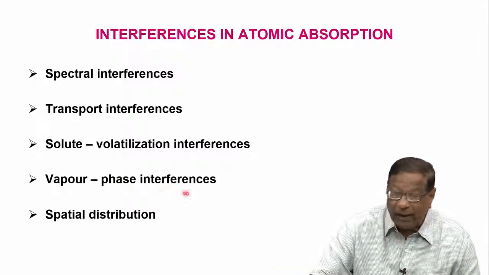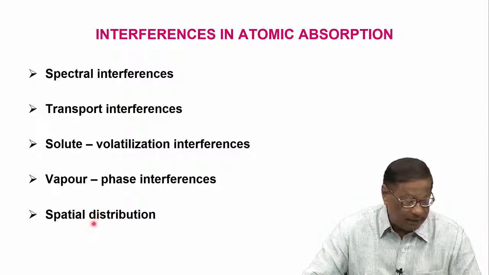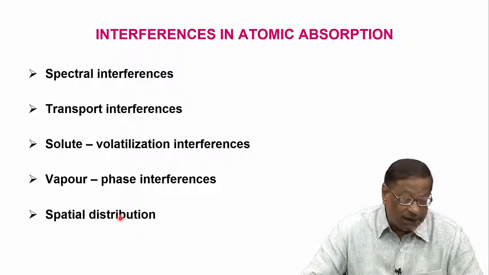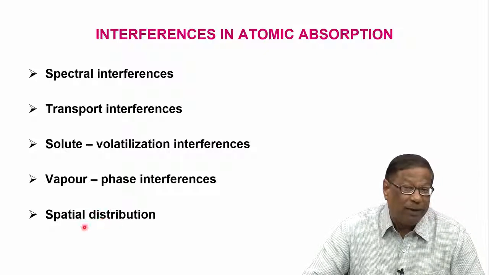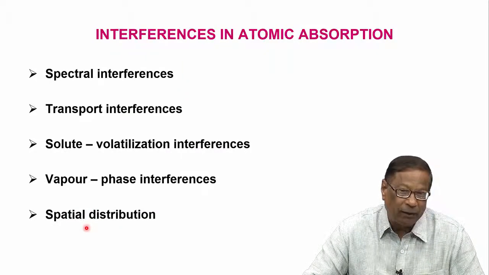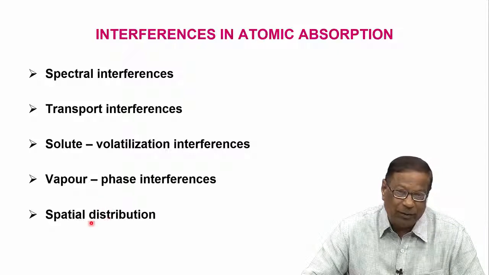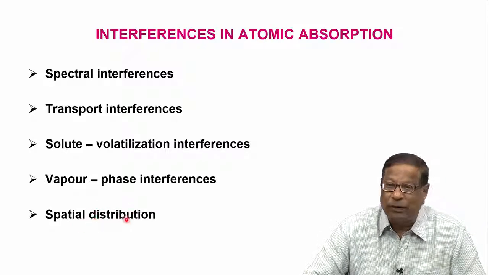And then finally, spatial distribution. We have already discussed this a little when discussing flame height. I had shown you typical flame heights for chromium, silver and magnesium, and depending upon the spatial distribution of the species, the absorbance could be higher or lower.